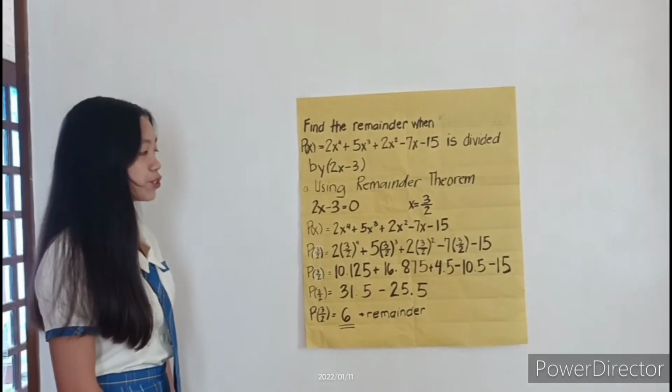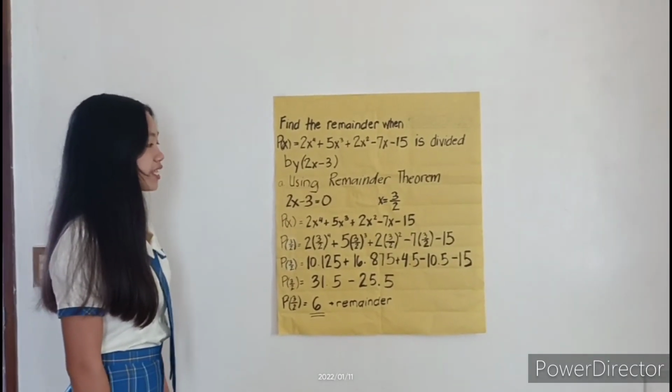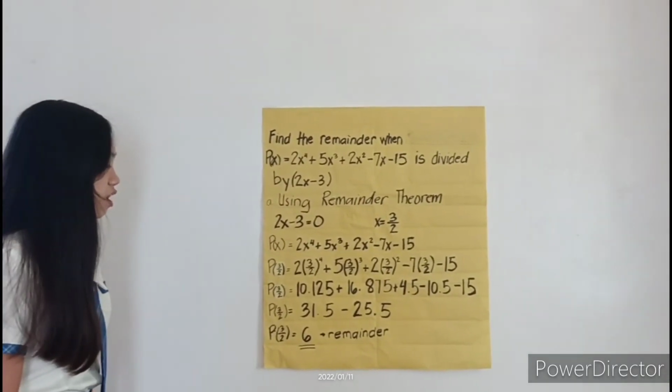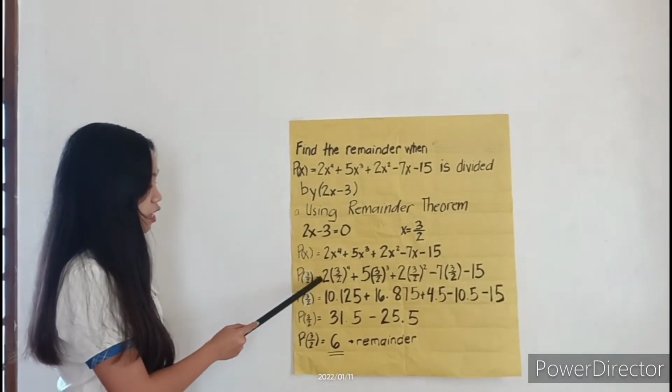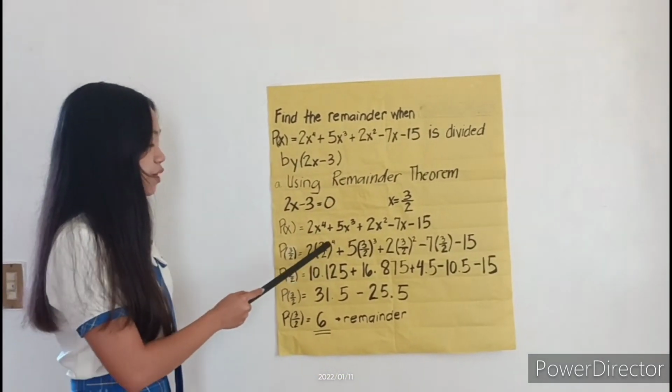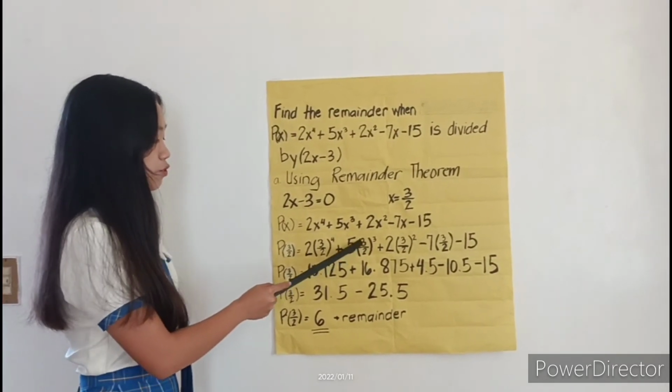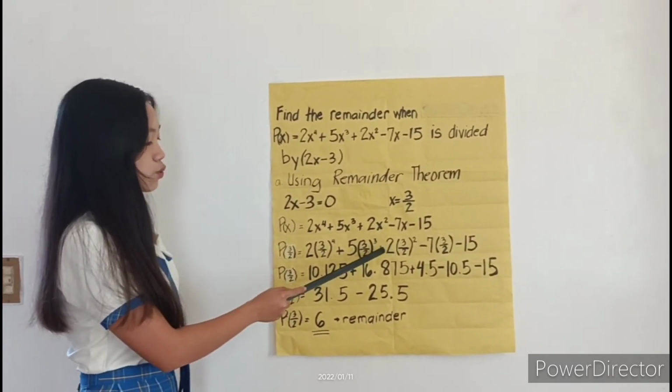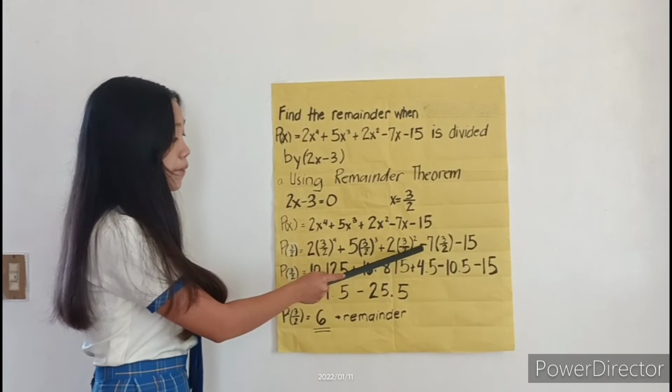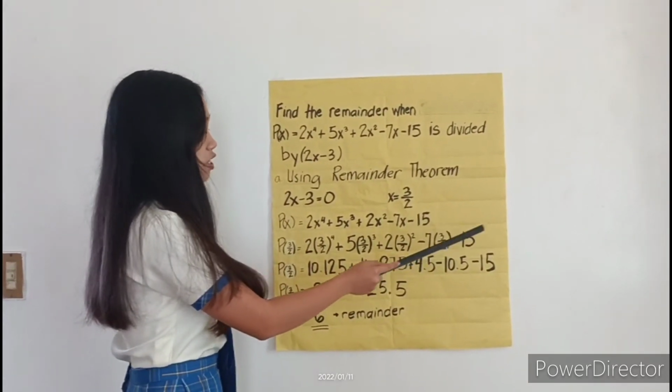After that, let's substitute the value of x to our dividend, such as p of 3 halves equals 2 times 3 halves raised to 4 plus 5 times 3 halves raised to 3 plus 2 times 3 halves raised to 2 minus 7 times 3 halves minus 15.